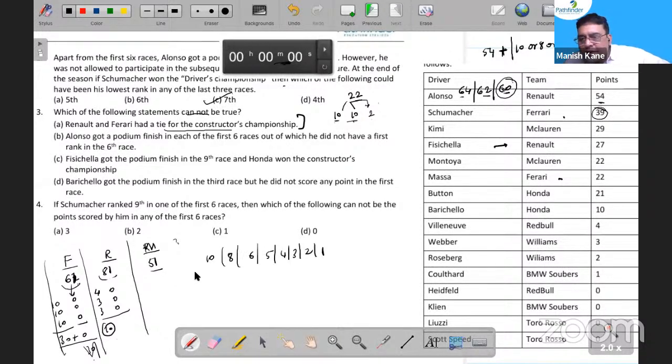Is there any other team which is close enough? No, sir. I don't think there is any other team which is close enough. So only 3, even Honda is there. Honda has 21 plus 10, 31 only. So Honda has only 31 points. Right?